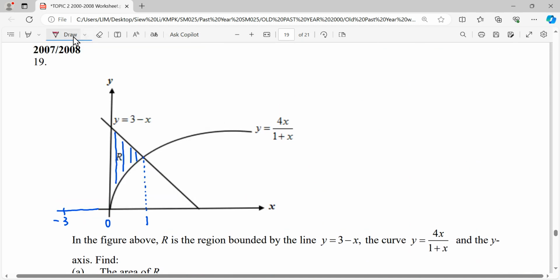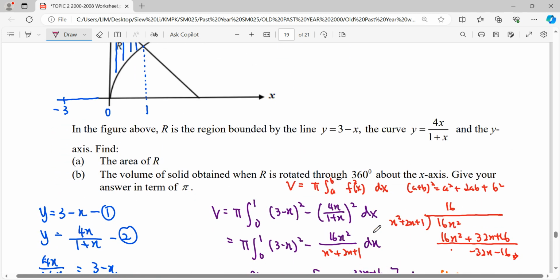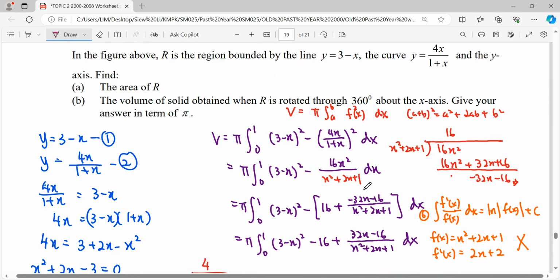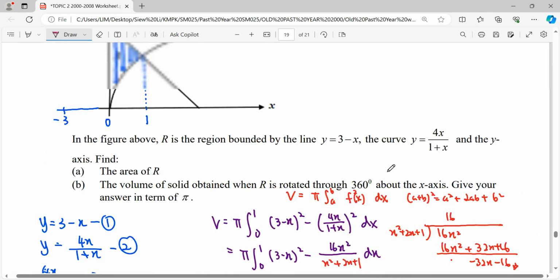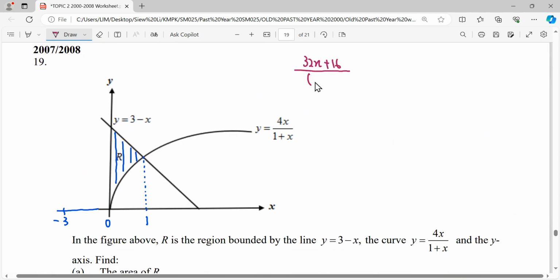Starting with 32x plus 16 over the divisor, we let the divisor be in factor form, which is 1 plus x squared. Look at our divisor: it is a repeating factor, so I can rearrange it as x plus 1, since 1 plus x equals x plus 1.